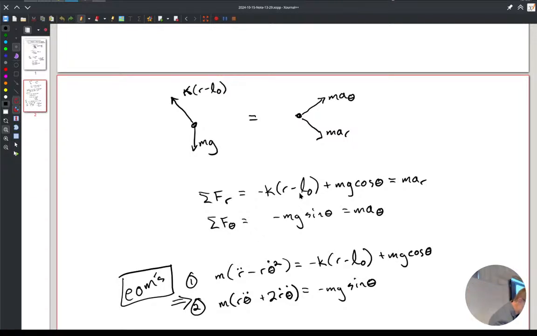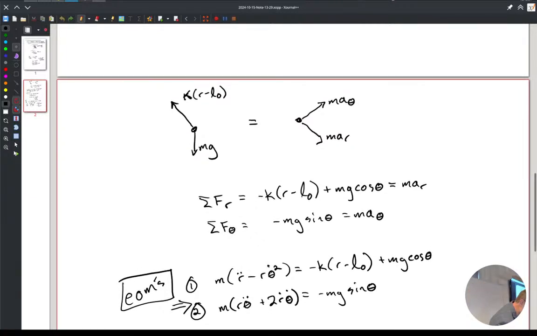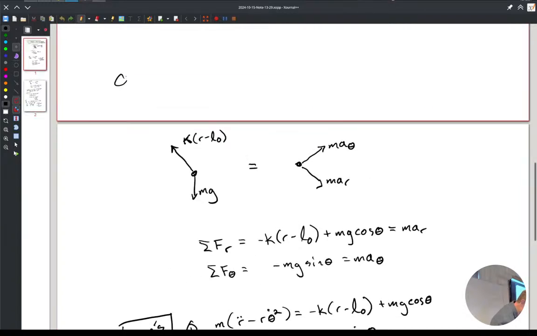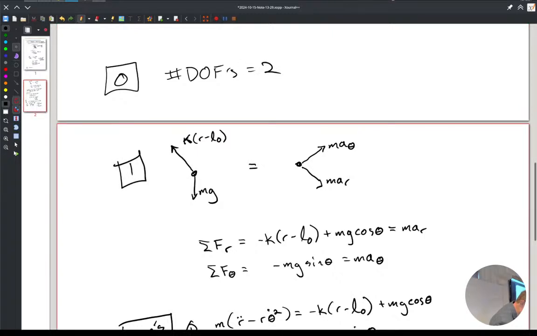It's kind of the 3-step process. I think of it as 2 steps, but step 0 is like before you even start the problem, just thinking about what's involved.